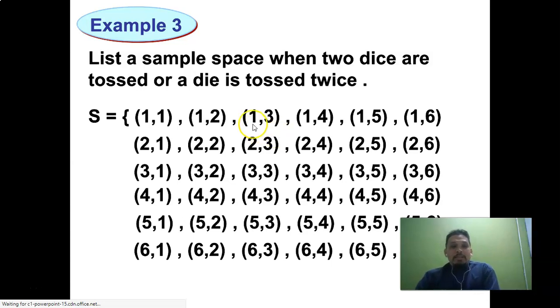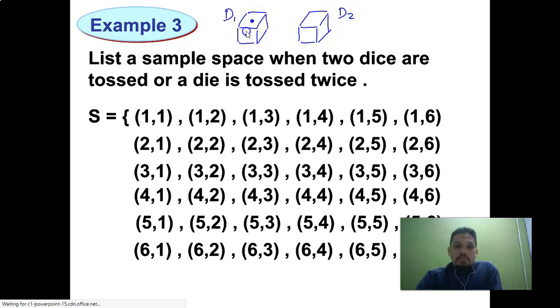Let's say dice number 1 and the other one, the second dice or dice number 2.